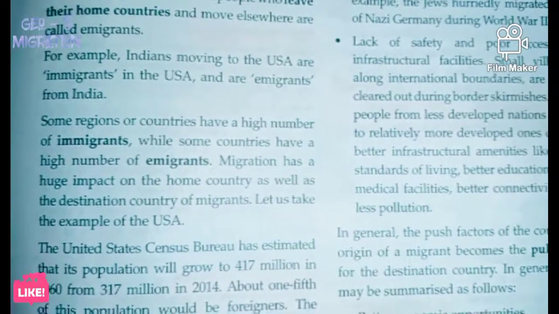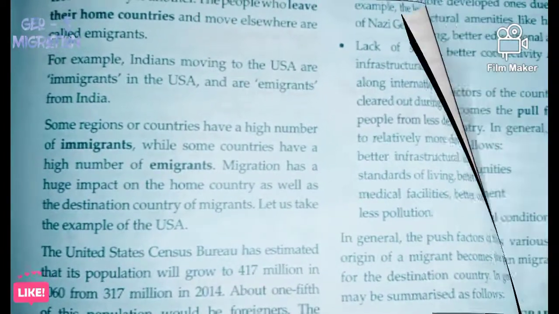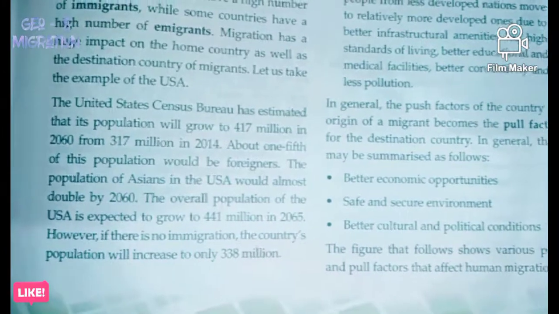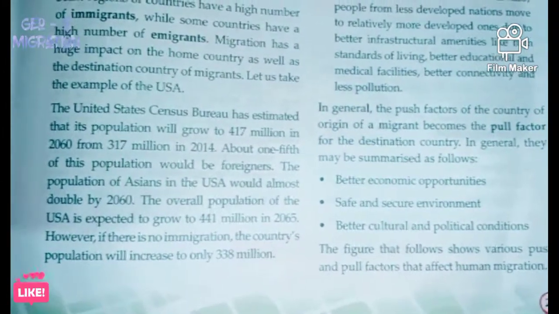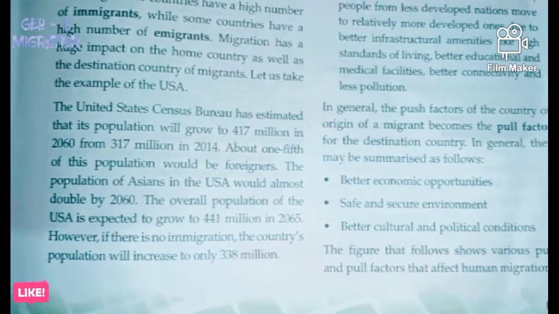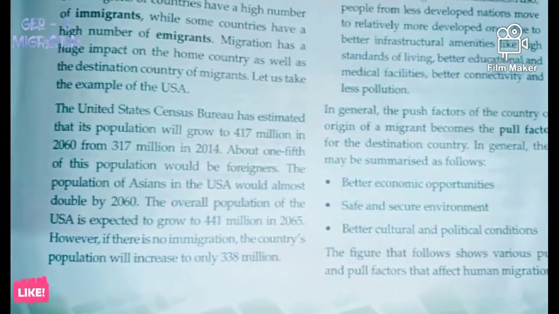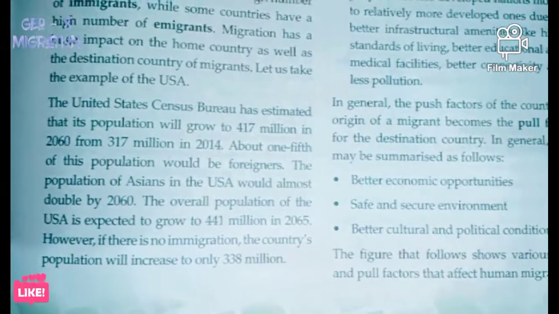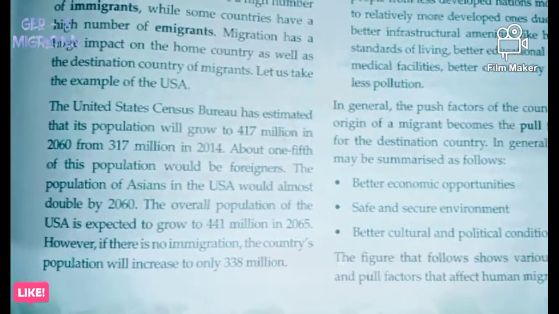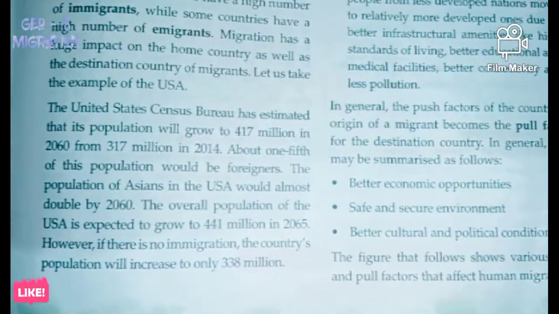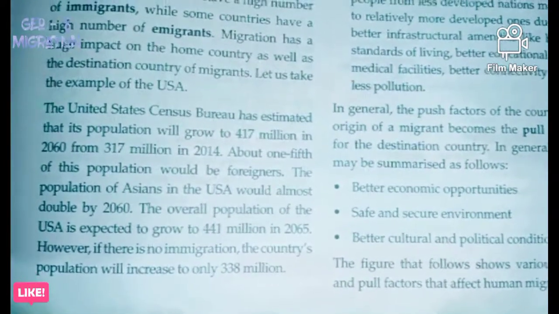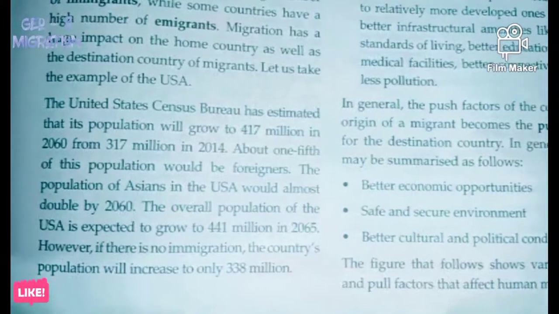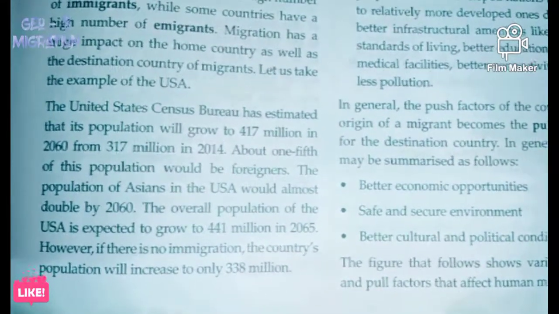Let's take an example here. The United States Census Bureau has estimated that the population of the United States will grow to 417 million in 2060, and right now in 2014 it is 317 million. This means in the future it may grow by up to 100 million.